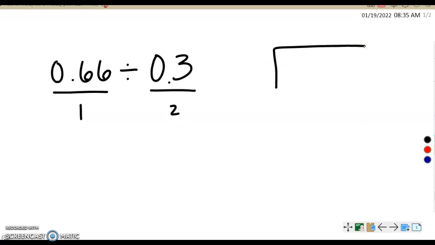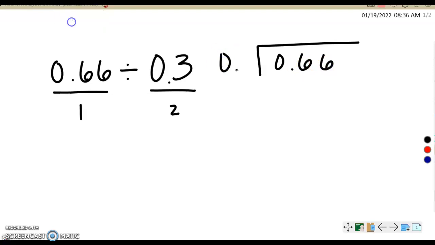In your division bracket, the first number goes underneath the division bracket, and the second number goes on the outside. That will help you know what number goes where. So for our division bracket, we have 0.66 going on the inside and then 0.3 going on the outside.